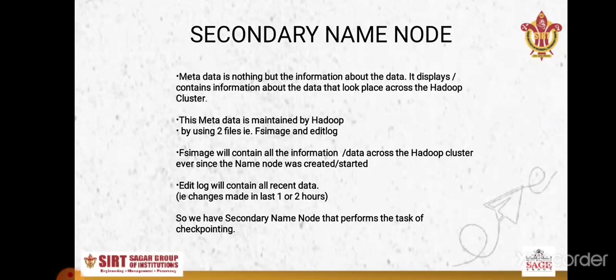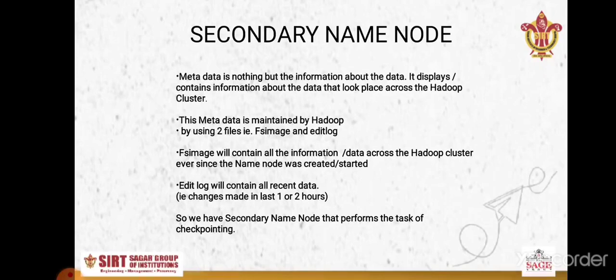This metadata is maintained by Hadoop using two files: fsimage and edit log. These two files are very important to perform the role of checkpointing. What is checkpointing? That we will see now.